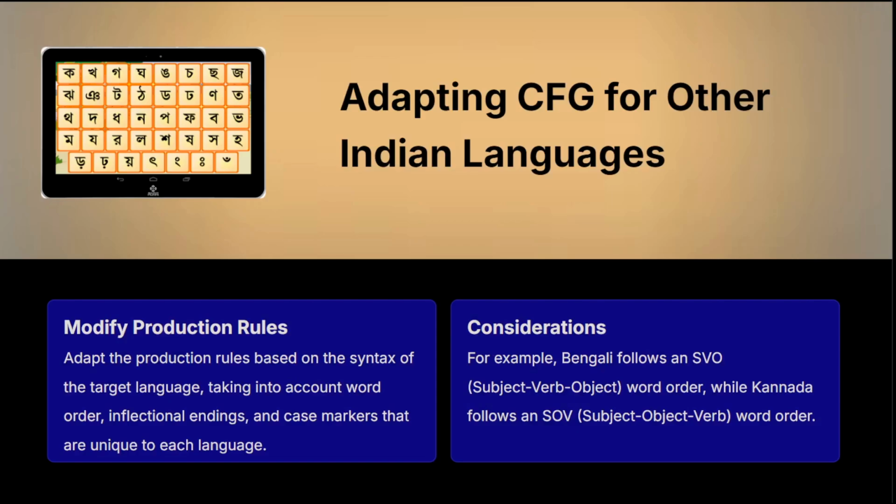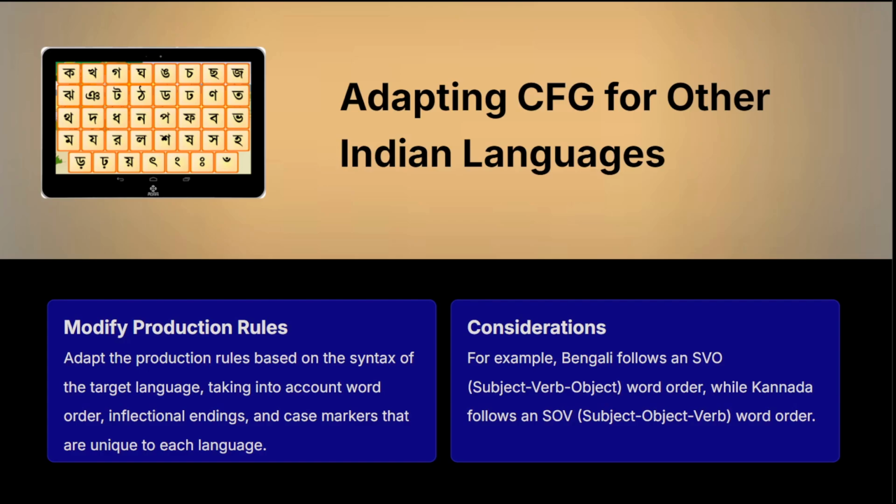So adapting CFG for other Indian languages means modifying the production rules. As I have told, there is a subject object verb model for Hindi and Tamil, so the production rules were kind of similar. But it is not the same for all other languages.